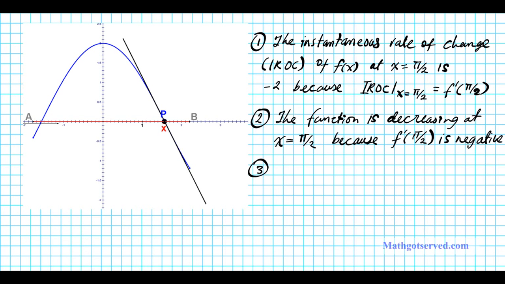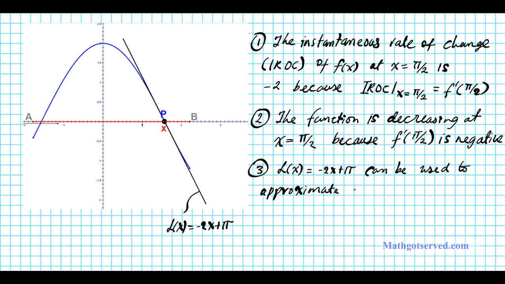Well, this tangent line, let's rewrite it, L of x equals negative 2x plus pi. Let's go ahead and write it. The tangent line, L of x, which is equal to negative 2x plus pi, can be used to estimate or approximate the function.